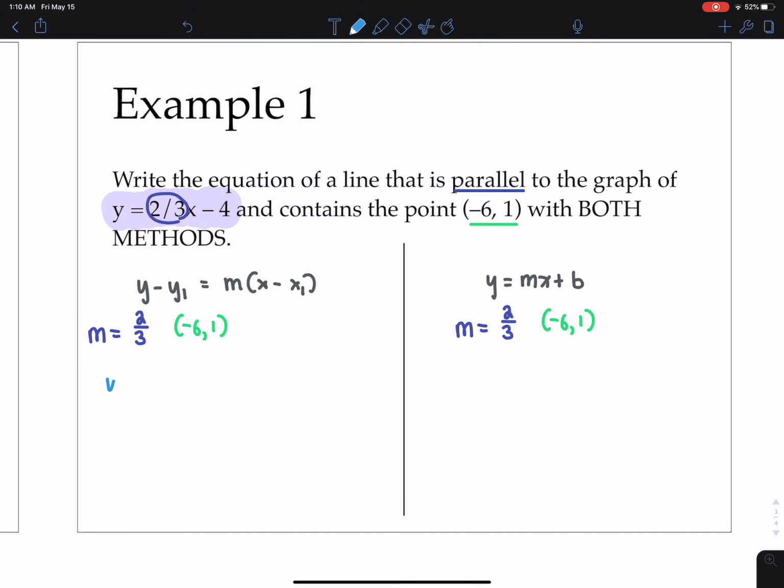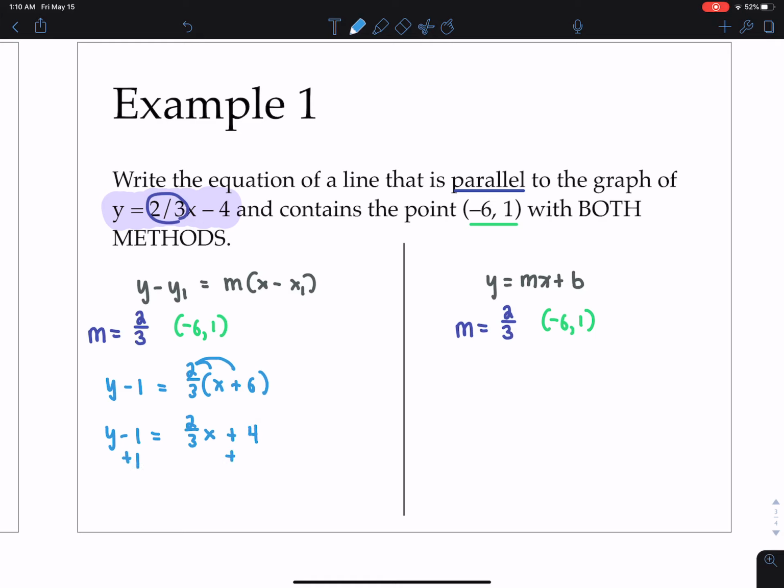All right, so y minus 1 equals 2/3, and then parentheses x minus negative 6, which would change it to plus 6. So in point-slope form, we distribute first. y minus 1 equals 2/3 x plus 12/3, which is 4.